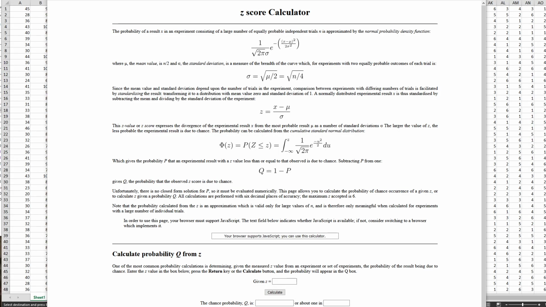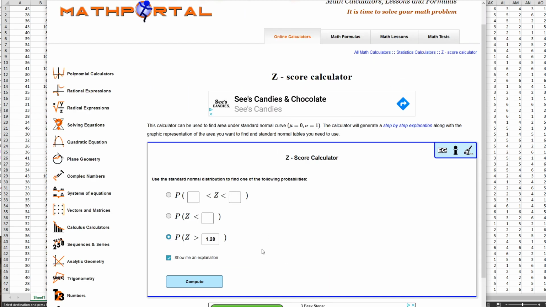To calculate z-scores, this is what you would have to do if you didn't have a table or a calculator available to you. Again, on the exams you will be afforded a table, so this is not what you're gonna have to do, but just in case you're interested, this is the function that makes that graph possible, and this is the calculation for the area. We're not going to worry about it.